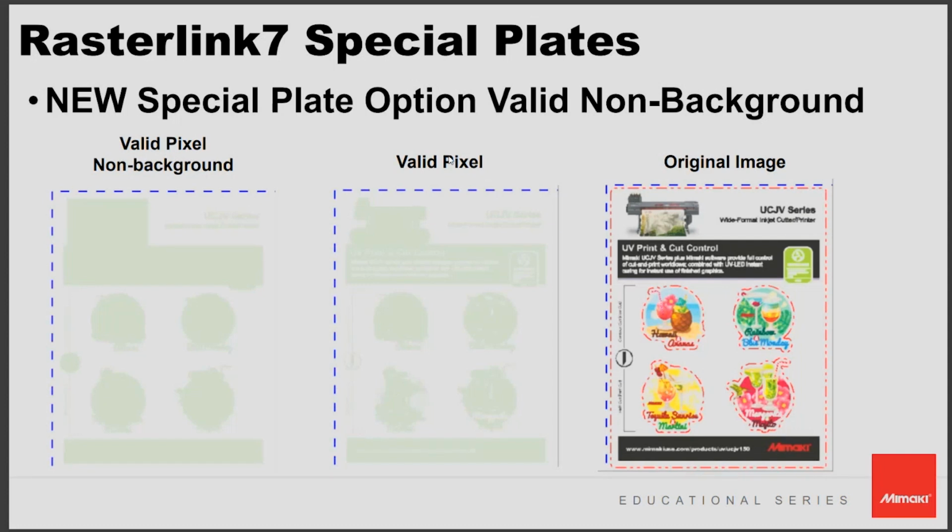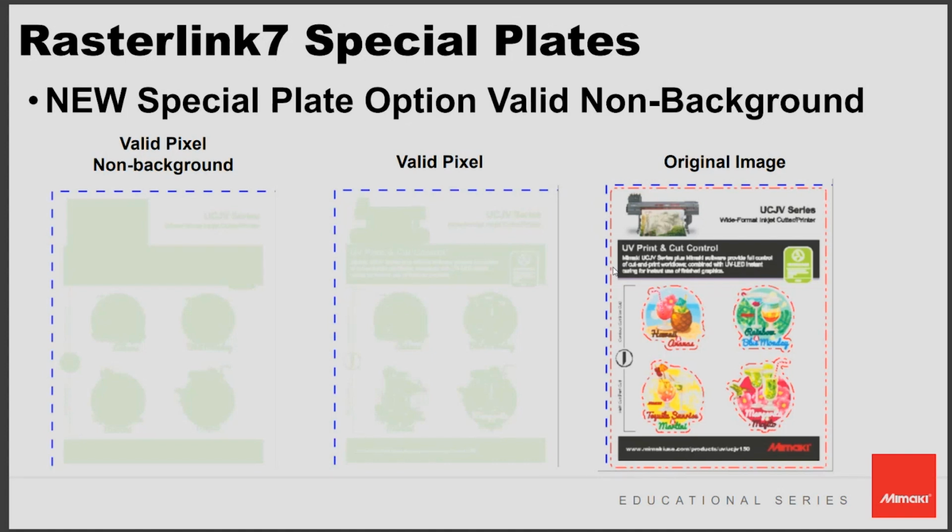So there's three options. There's whole image, where basically it'll print, like you see this dotted line, it'll flood the entire image with that special color. So here with white ink, it would flood the whole thing with white ink. And then the other two options are valid pixel and valid pixel non-background. If you do valid pixel, anywhere there's a pixel of color, it'll put a pixel of whatever special color it was, in this case white.